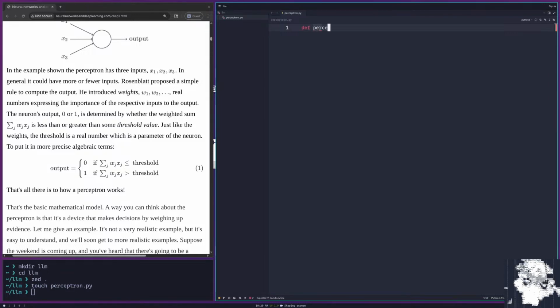Def perceptron. It takes a variable number of x's as input. It has a bunch of weights. And it returns either a 0 or a 1, so let's have it return a Boolean.